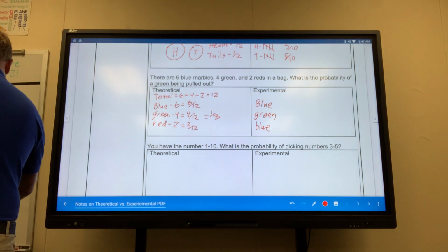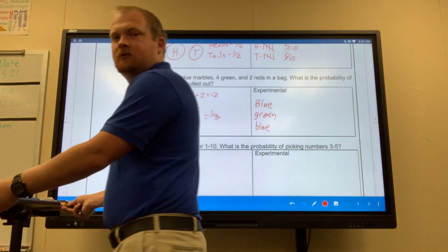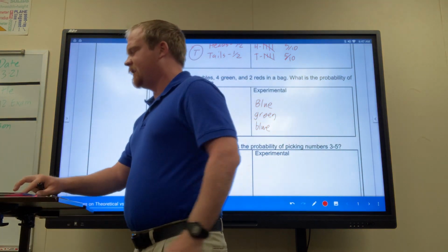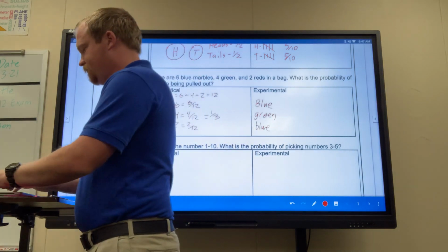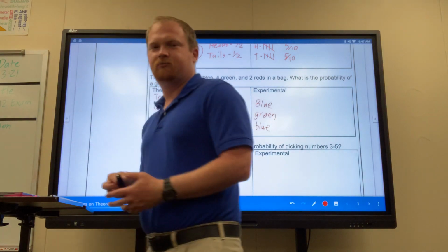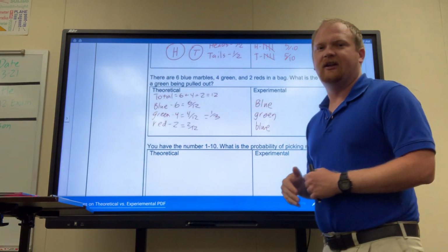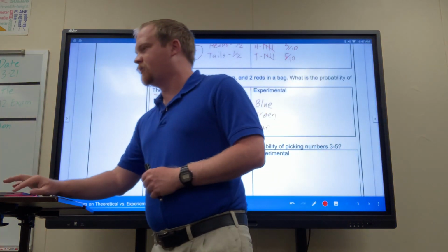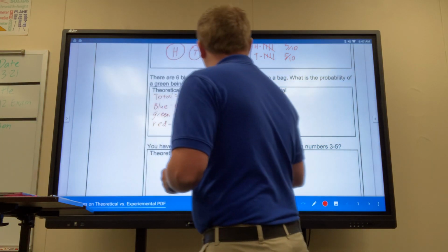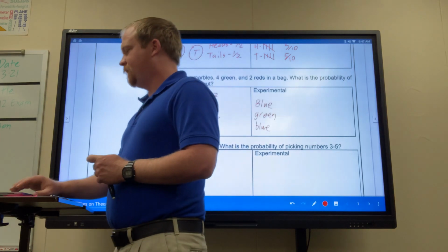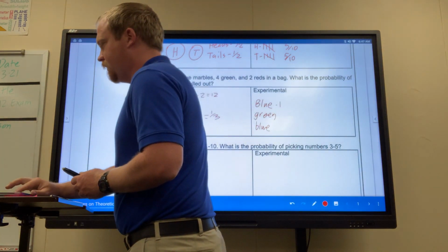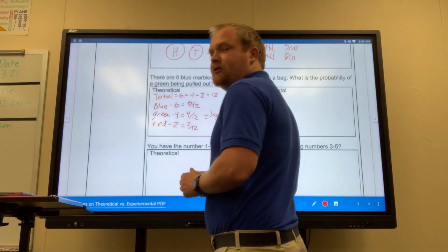And what I mean by that is that I can actually, on my computer, list out 6 blues, 4 greens, 2 reds, and all I have to do is just pick random, and it will pick one for me. So we can do this about 15 times. And I'll try to make it quick. It just depends how fast this computer will go for me.